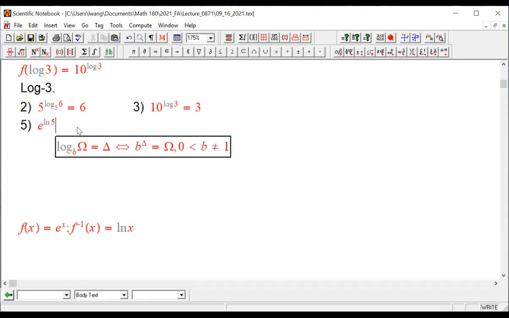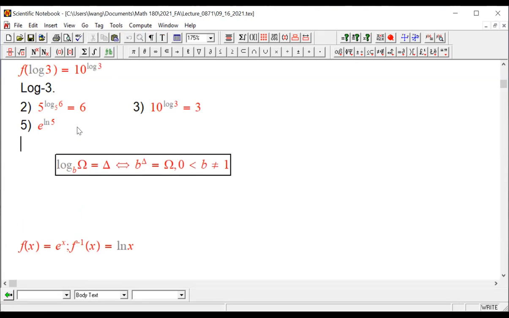The perspective of definition. If the base e is larger than 0 and not equal to 1, I can remove this part, and this becomes e.